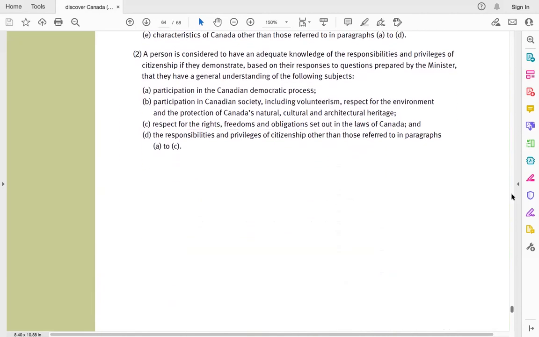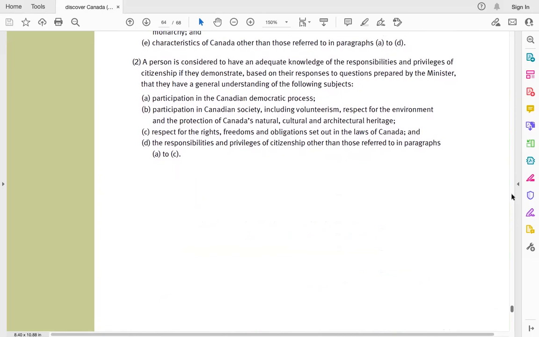Section 15, subsection 2. A person is considered to have an adequate knowledge of the responsibilities and privileges of citizenship if they demonstrate, based on the responses to questions prepared by the minister, that they have a general understanding of the following subjects. A, participation in the Canadian democratic process.